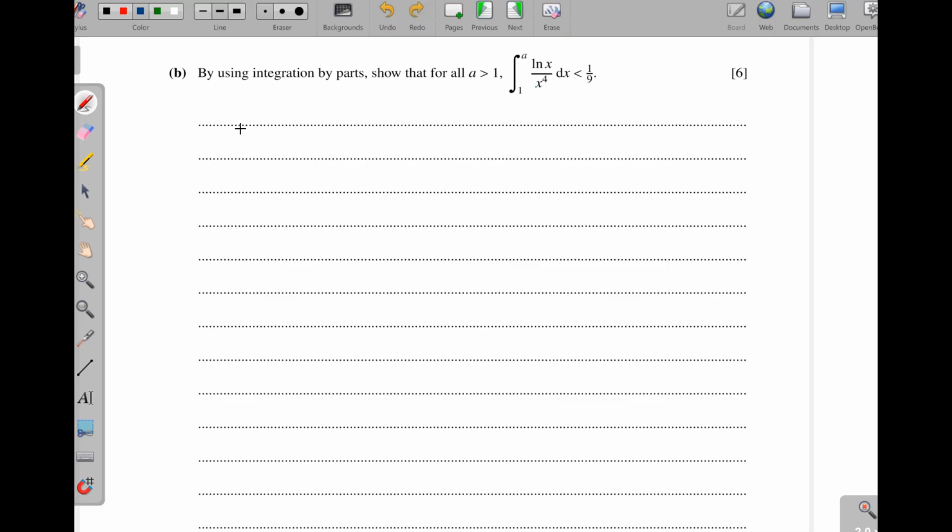Here we have the integral from 1 to a. I can take this one up such that it is x to the power of negative 4, such that you can easily see that what we are having here is a product of the two functions.